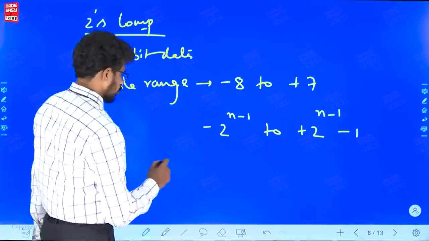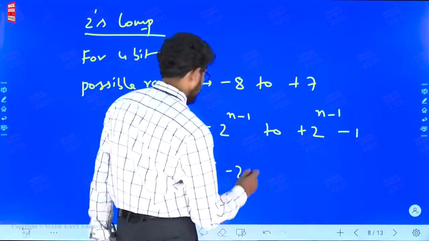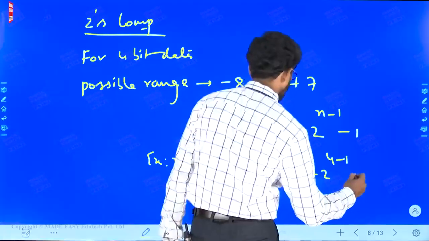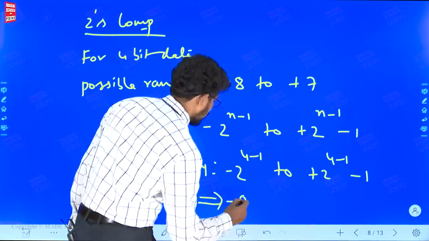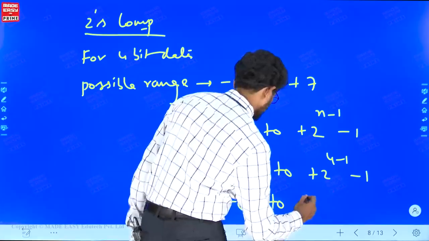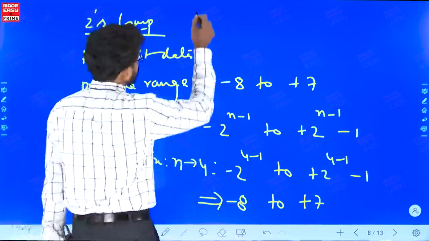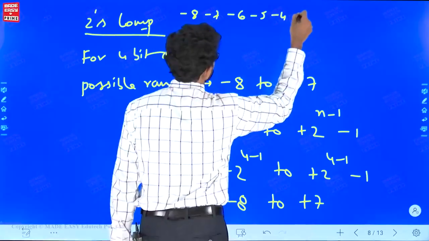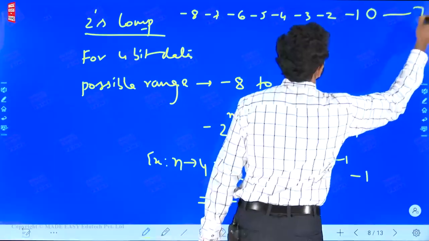If I take n as 4, it can be minus 2 power 4 minus 1 to plus 2 power 4 minus 1, minus 1. That gives rise to minus 8 to plus 7. It means you got the range of values as minus 8, minus 7, minus 6, minus 5, minus 4, minus 3, minus 2, minus 1, 0 to 7.